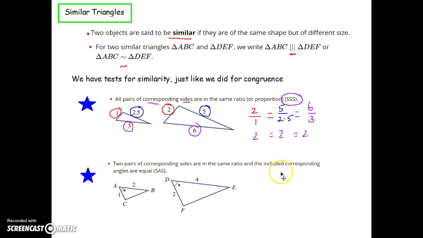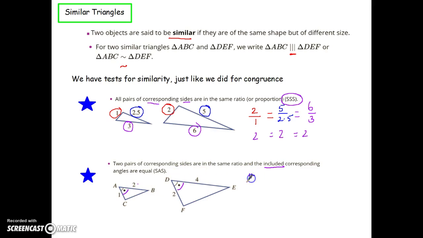Our second similarity test is if we've got two pairs of corresponding sides in the same ratio and the included angle. So the angle must be in between the two sides that we know about. So first of all, let's just check that our sides are in the same ratio.